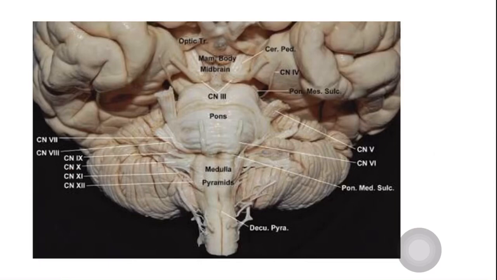Only the posterior spinocerebellar goes via the inferior cerebellar peduncle. So the student should know posterior spinocerebellar and cuneocerebellar, not the anterior spinocerebellar. Keep it in mind. The anterior spinocerebellar will not go via the inferior cerebellar peduncle.